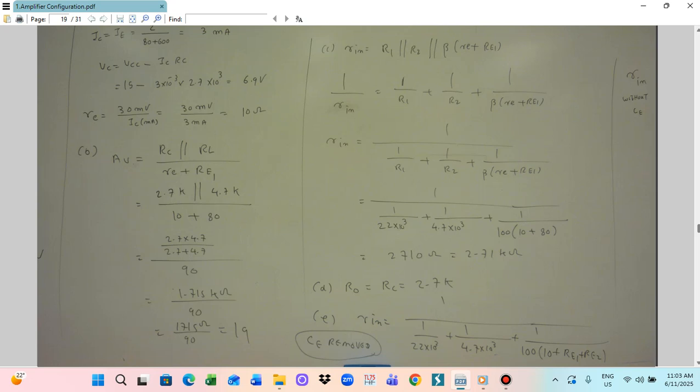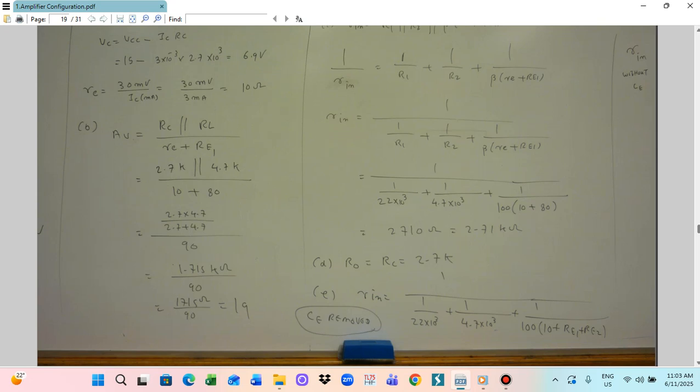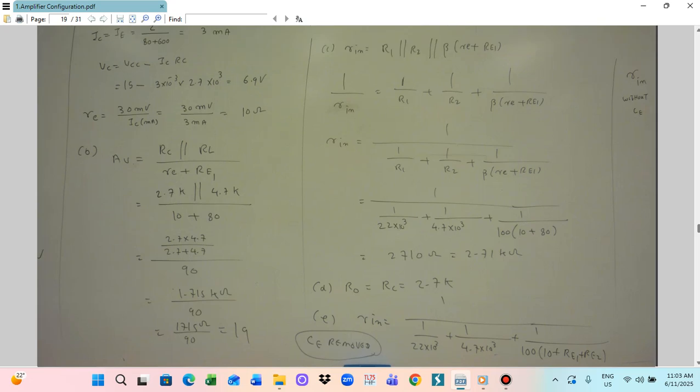The beta value is given as 100. re is 10, RE1 is 80. By solving this, we can calculate Rin, which is 2710 ohm or 2.71 kilo ohm.